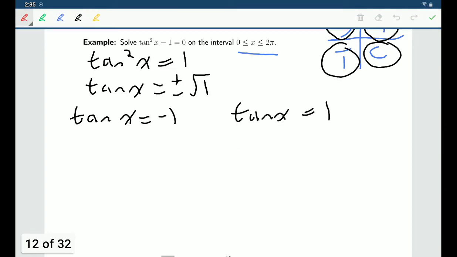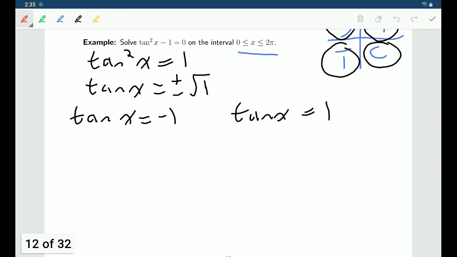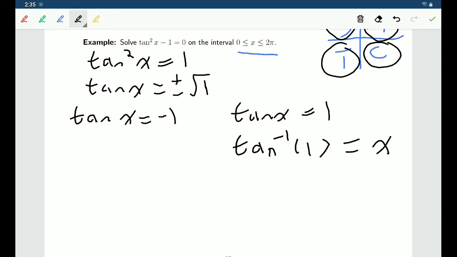We're looking to solve where is tangent of x equal to, I'll do +1 first, and so for that, that means that tangent inverse of +1 would be equal to x.